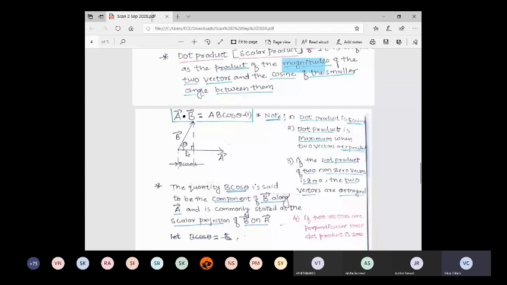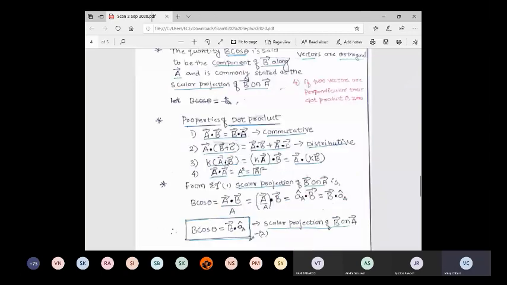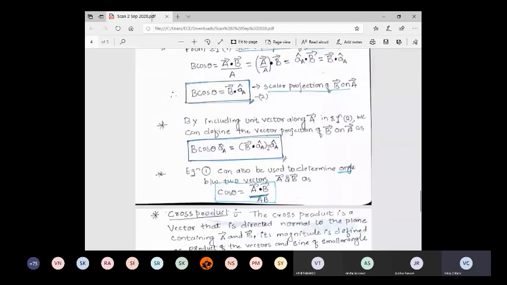Now I want to represent this as a vector. I'll identify the unit vector along this direction, and I know this direction is the same as the direction of A. So I'll simply find the unit vector along A, and that gets multiplied over here. That's all.